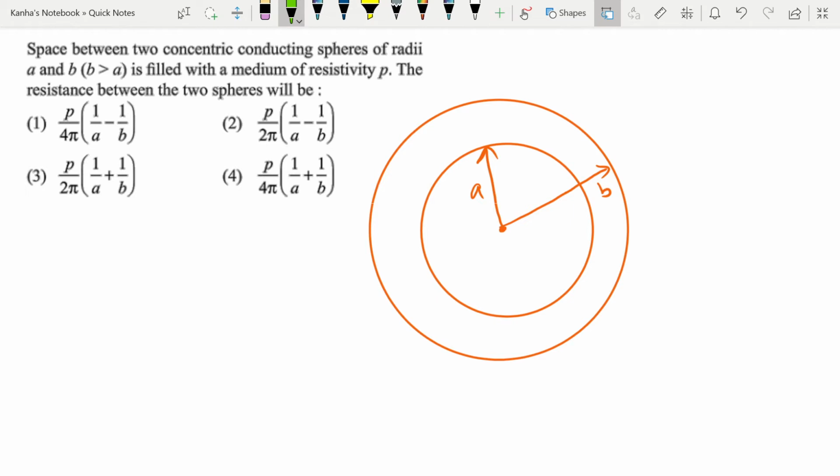Okay, so we have to take an infinitesimal element of this material, and let me just draw this material quickly. Okay, this is not to scale, but let's say that this is uniform.